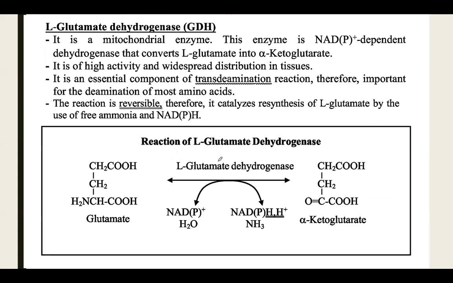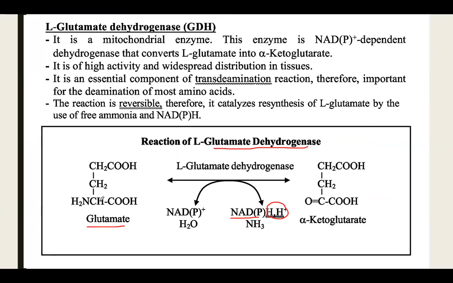Another enzyme is called glutamate dehydrogenase. This is also oxidation and deamination. Oxidation, removal of two hydrogens from glutamic acid. They will be carried by a carrier, which is NAD.